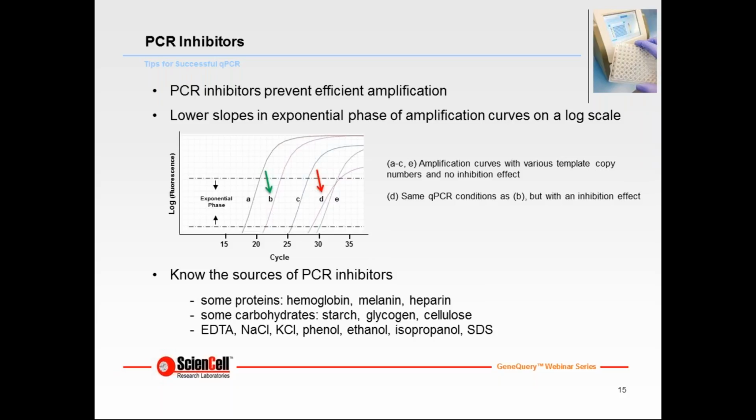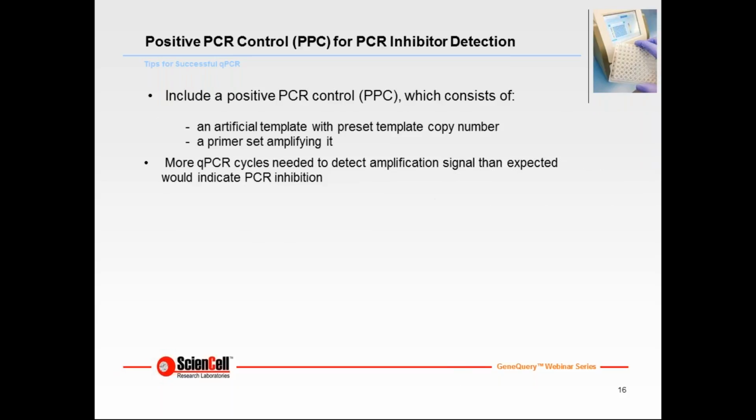The sources of PCR inhibitors can be certain proteins, such as hemoglobin, some carbohydrates, and some reagents commonly used in sample preparation, such as EDTA, phenol, and ethanol. We recommend including a positive PCR control, PPC, in your qPCR array to test whether samples contain inhibitors.